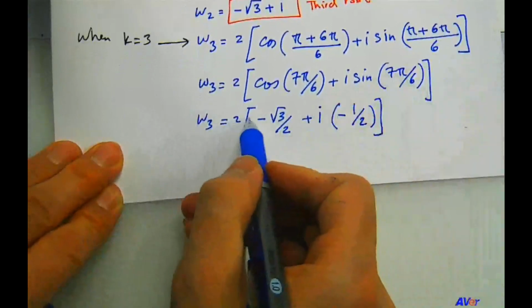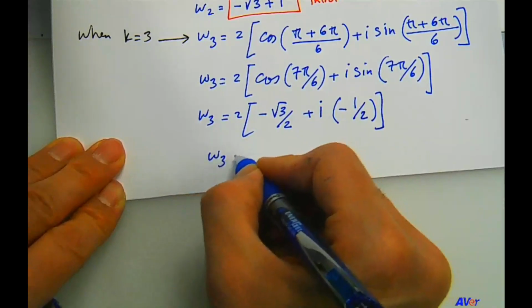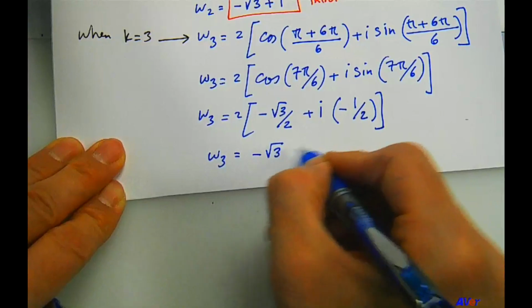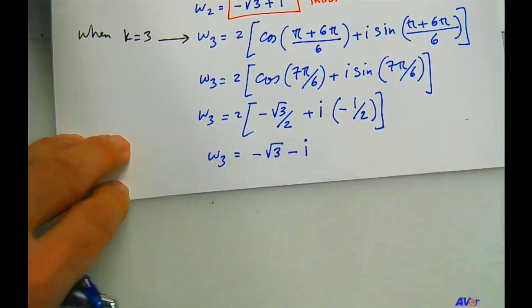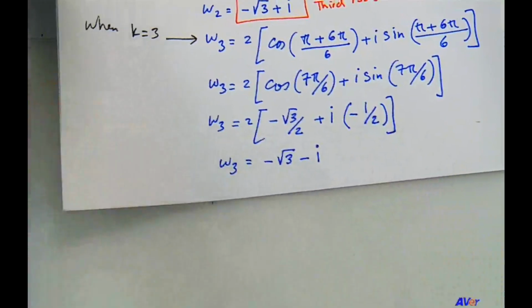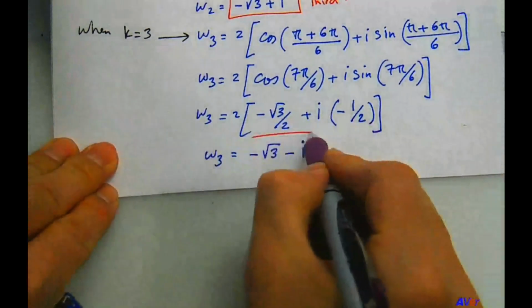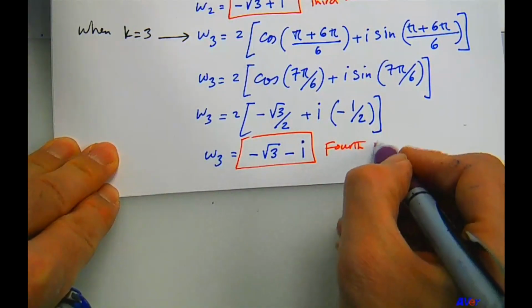Okay, so distribute the 2 into these two terms. What do we get? We get W3 is equal to negative square root of 3 minus i. The 2 and 2 cancel each other out. So we have this as our fourth root.